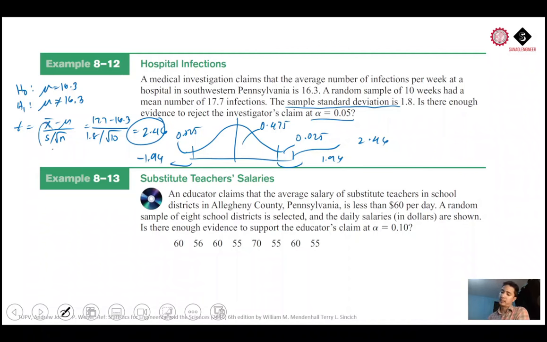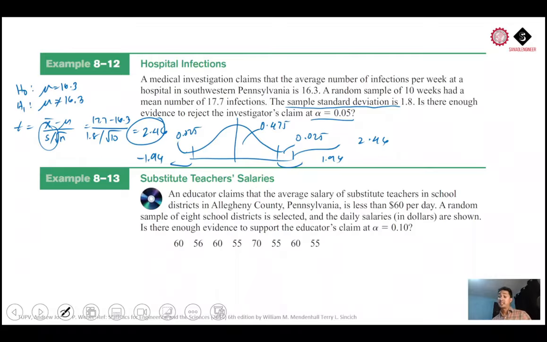and the second case is where the standard deviation is not known. So for the second example, an educator claims that the average salary of substitute teachers in school districts is less than $60 per day. A random sample of 8 school districts is selected and the daily salaries in dollars are shown.